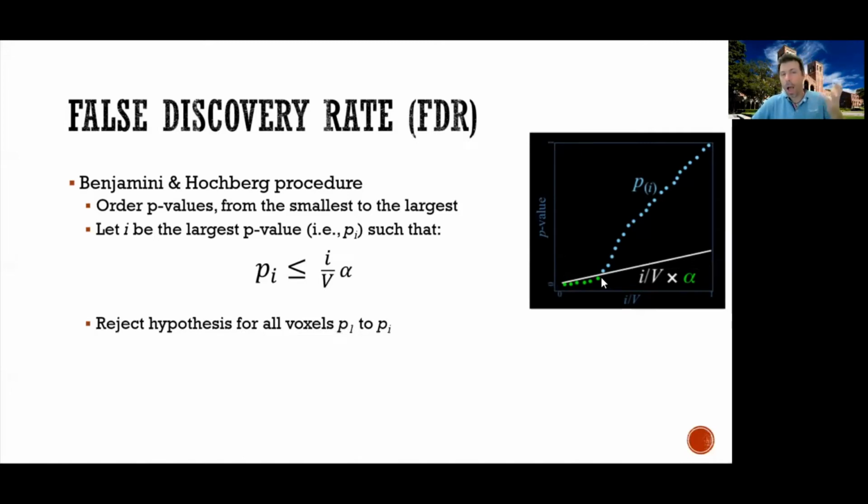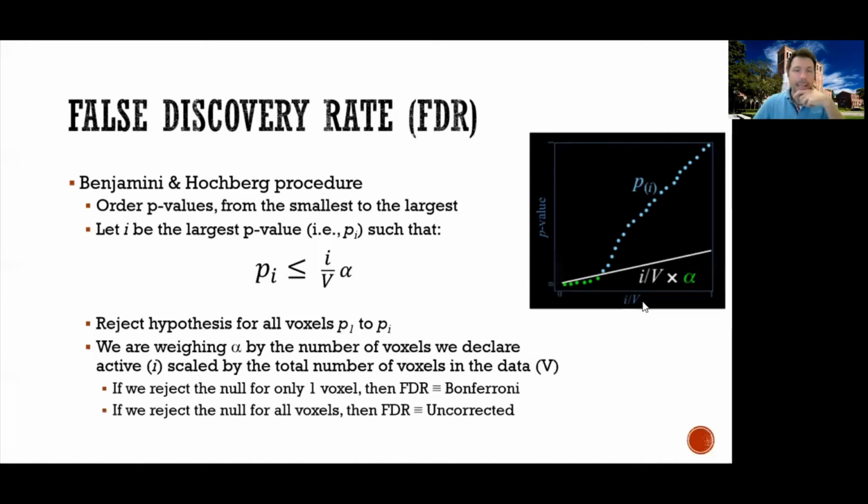One way of seeing it is that the correction that we're doing is weighted by the number of voxels that we declare significant, i, and scaled by the total number of voxels that I have.